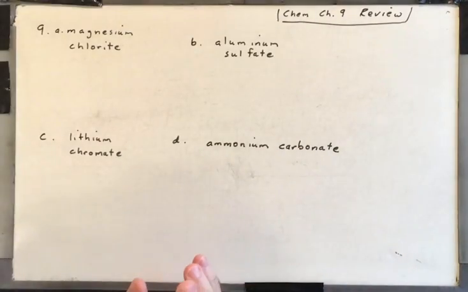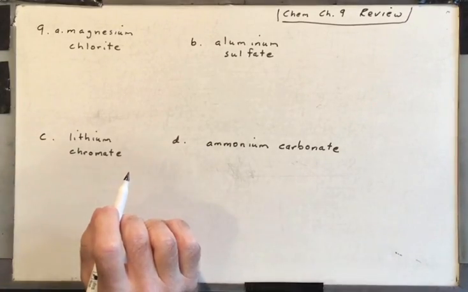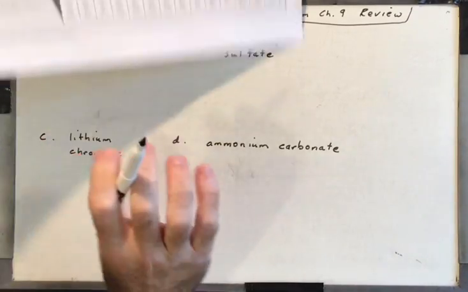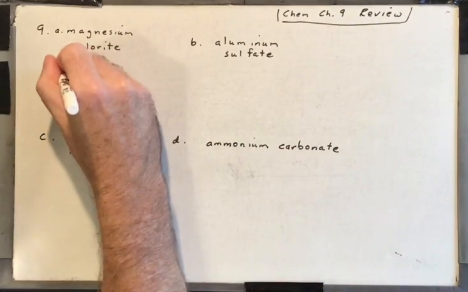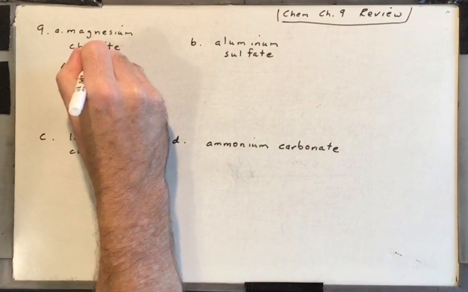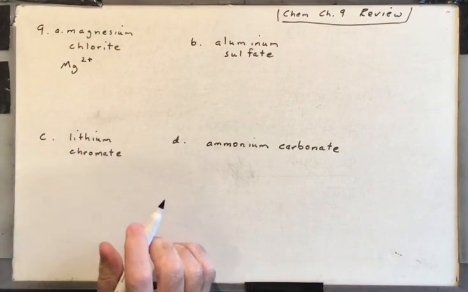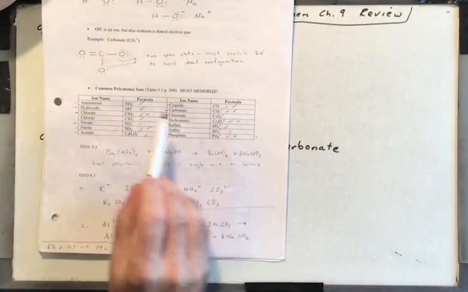So magnesium is in column 2. It's a metal. It wants to give away 2 electrons since it's in column 2, so a 2+ charge. Chlorite, let's use your chart. We'll find chlorite.